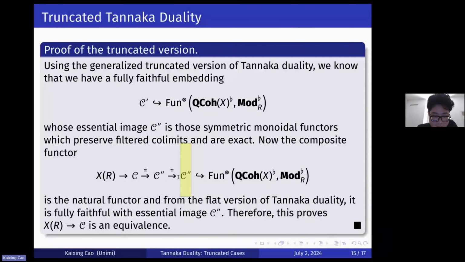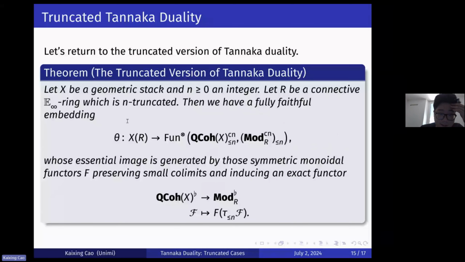So because this composite functor is fully faithful with essential image C double prime, from this we know that the first functor is an equivalence of infinity categories, which proves our truncated version of the Tannaka duality.